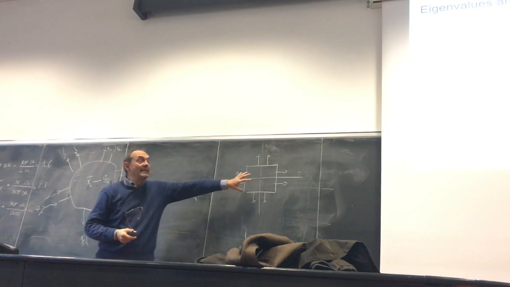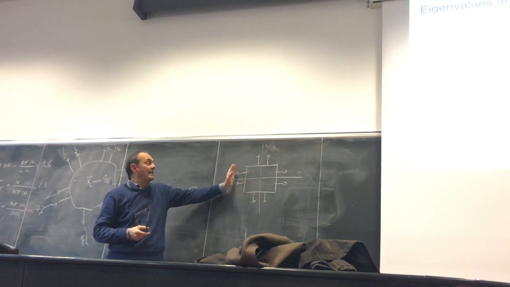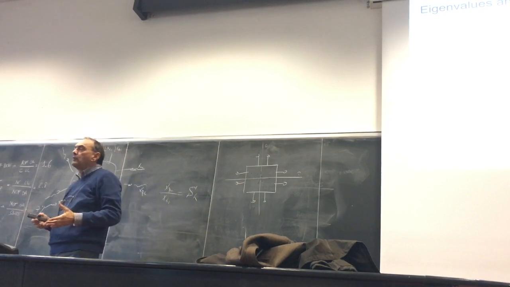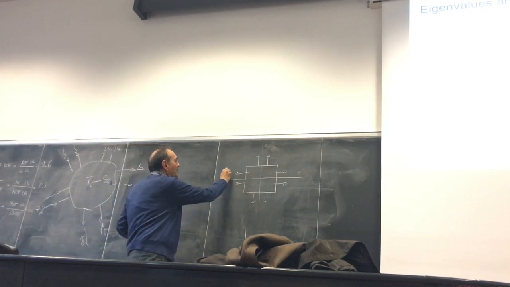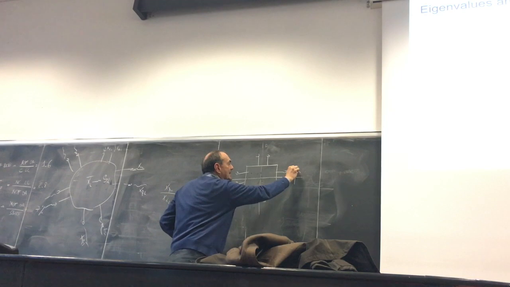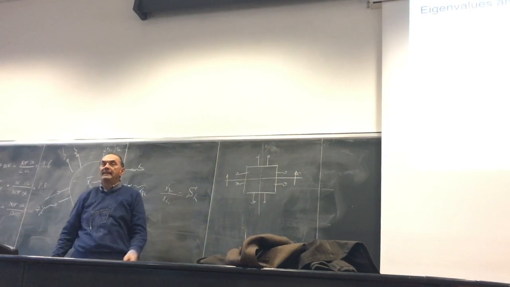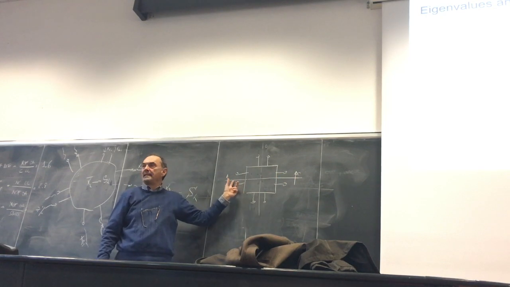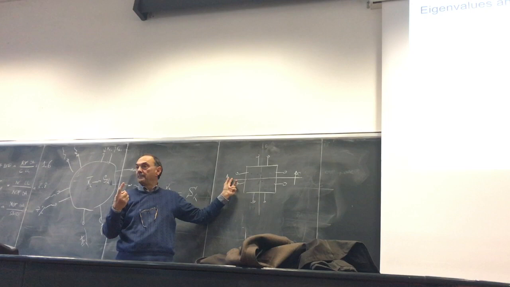Just due to the fact that this structure is symmetric, I know that in order to have in the middle of my structure an open circuit, I have to excite both sides with the same signal. And this means that these two components of the eigenvector I'm considering are equal to +1.